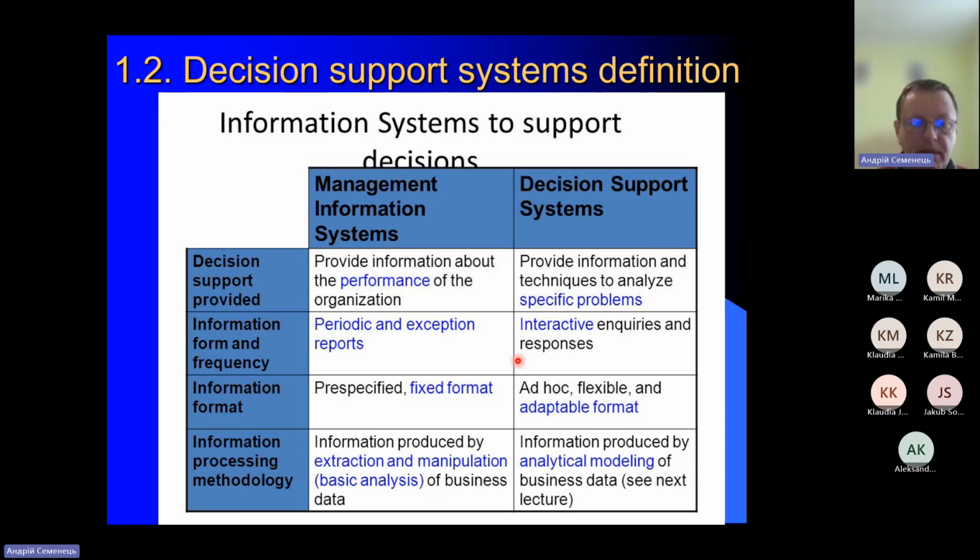So MIS deals with information produced by extraction and manipulation, basic analysis of business data, like statistical analysis. That is a good point for management usage of management information systems. Decision support systems are produced by analytical models of business data and so on.